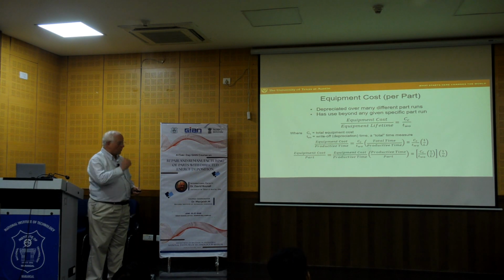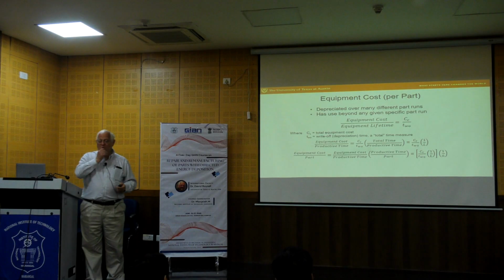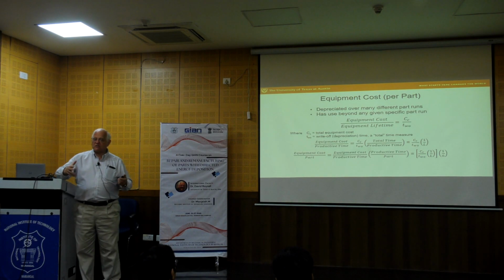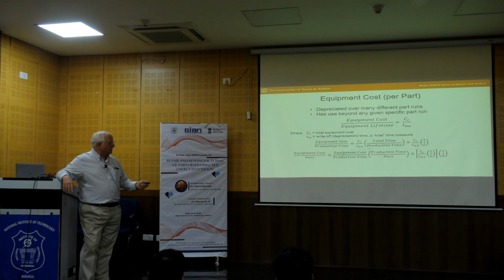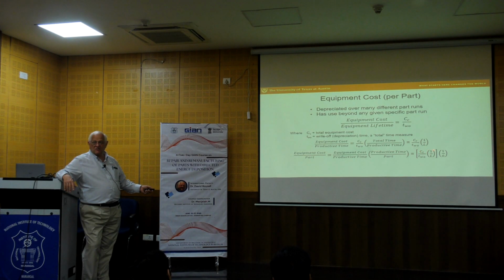And by the way, we can see here fairly simply what I mentioned earlier today, which is if we want to get the cost down, by analyzing this, we can see what I guess operators already know: if I want to drive this down, the easiest way to do it is to reduce the equipment cost, to produce cheaper machines, or to increase the production rate.